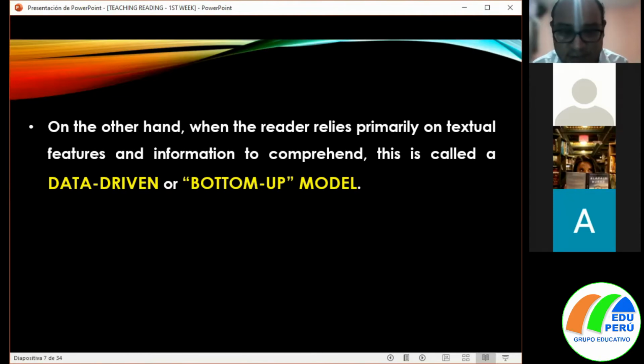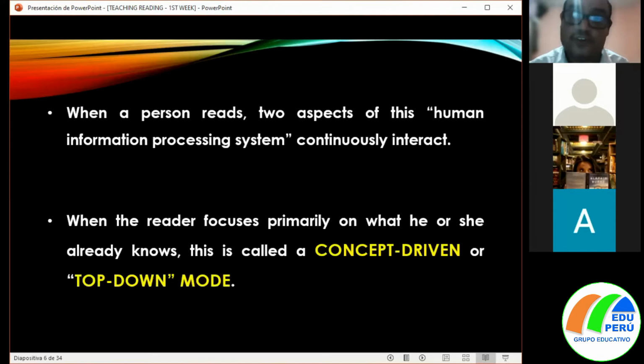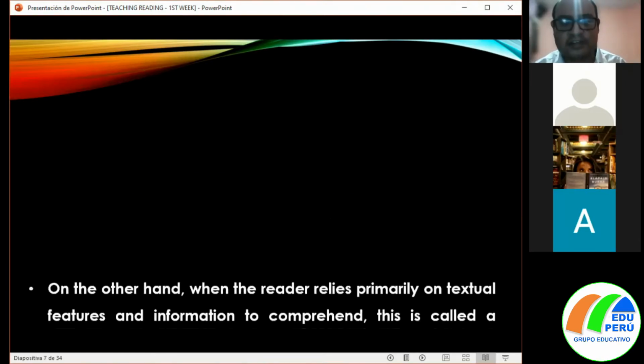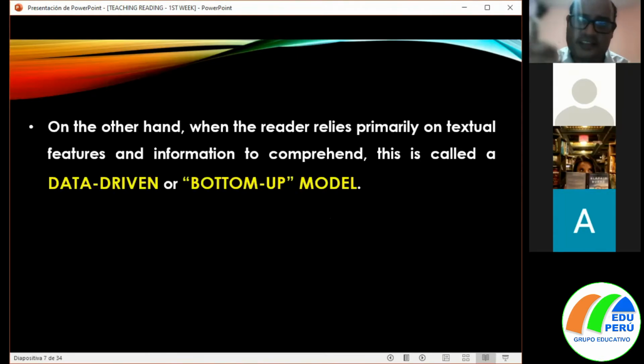But you are not focusing on what you know. Notice these two aspects when we read something. We have this one based on what you know, or we have the second one based on the text itself.